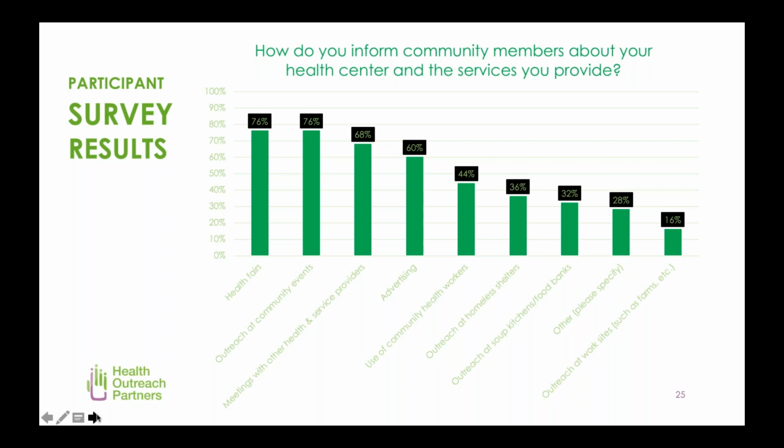About 60% of the people who filled out the survey talked about doing advertising, and a little under half of you told us that you use community health workers. And then about 1/3 of the respondents talked about doing outreach at shelters, at soup kitchens, food pantries, things like that.